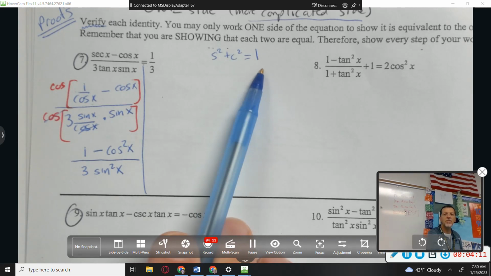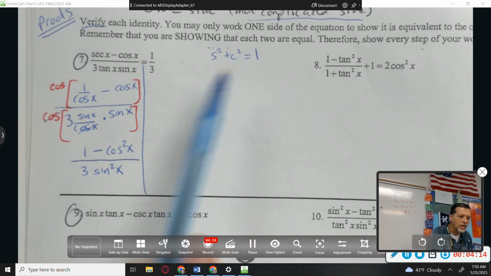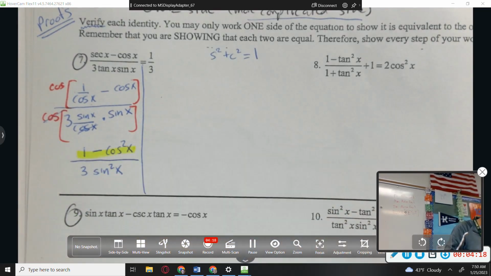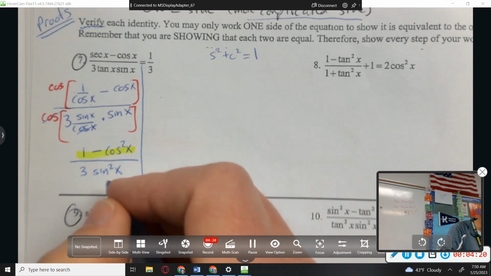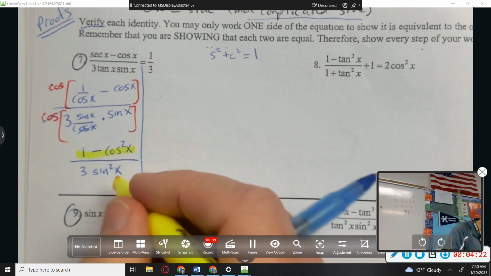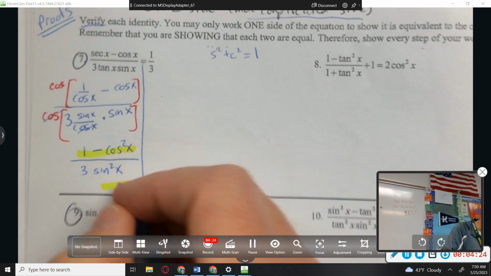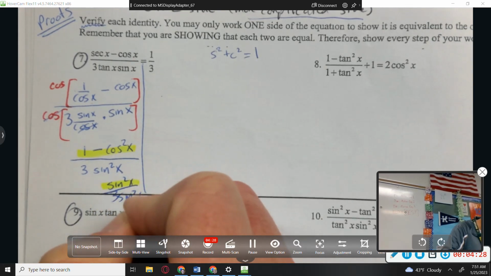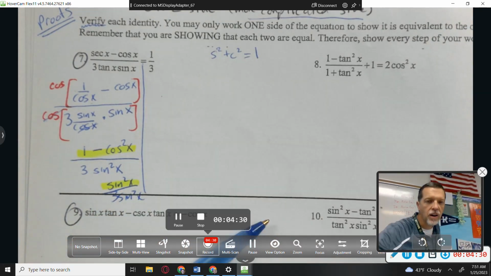If I move things around, sine squared. So I can replace, which peeking ahead is really good because I'm trying to get to 1/3. 1 minus cosine squared is sine squared, and then I'm almost there.